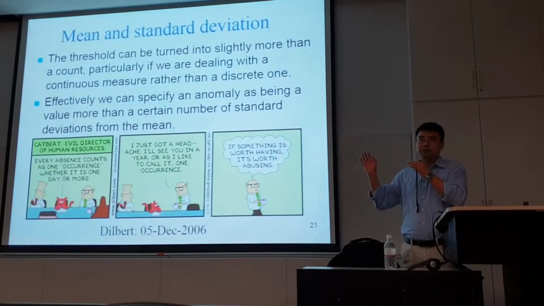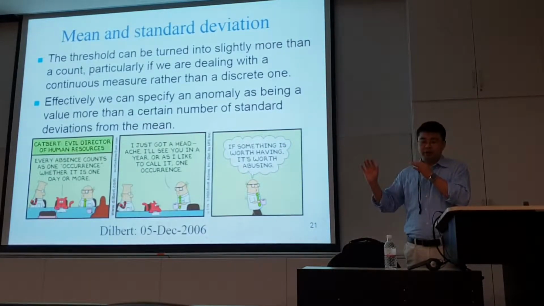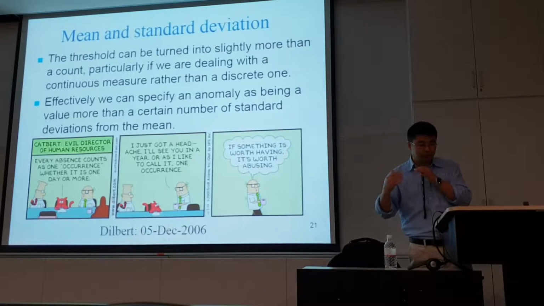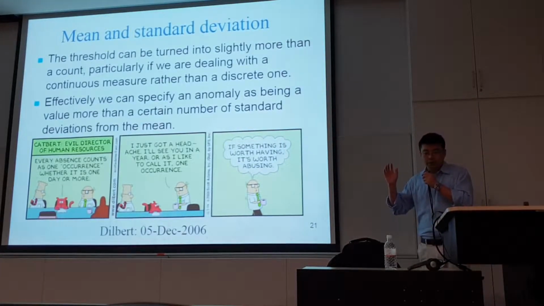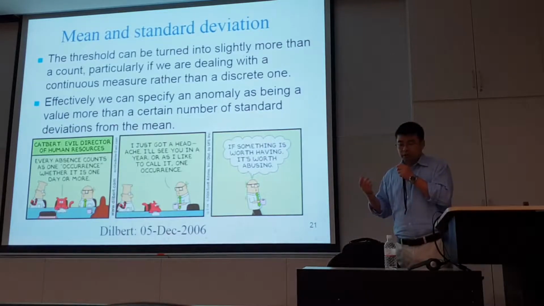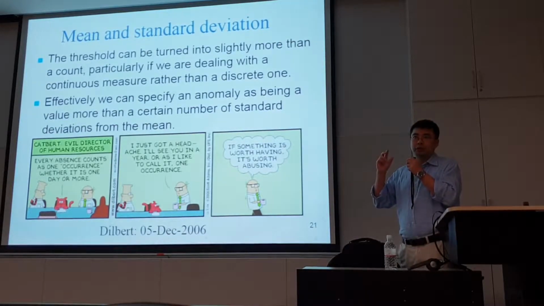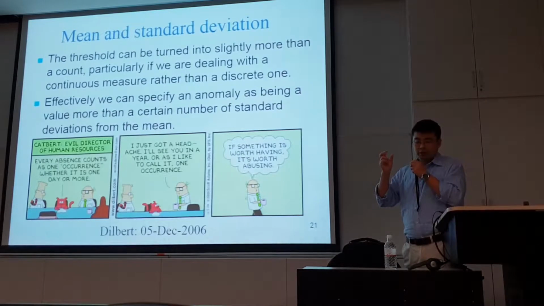As I said, this is probably the simplest method. There are more advanced methods, like the chi-square test and so on. But we will just look at the simplest approach, which will give you some rough idea of how it can work.